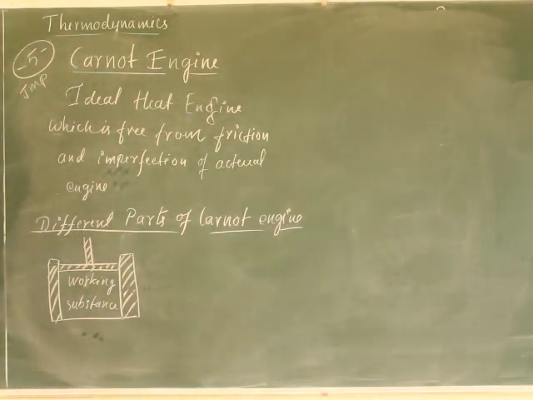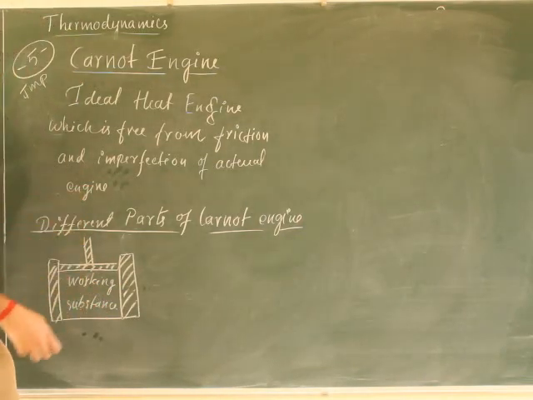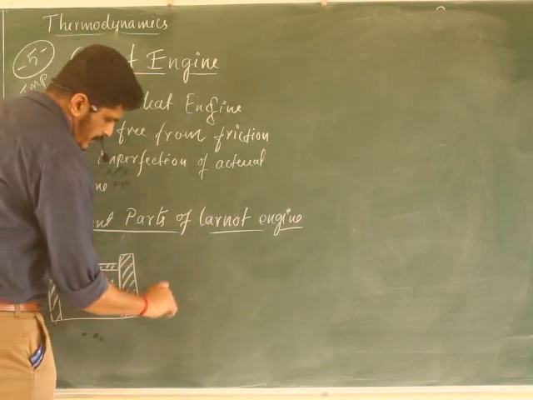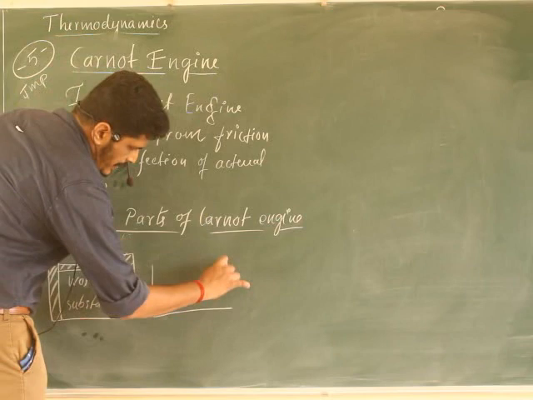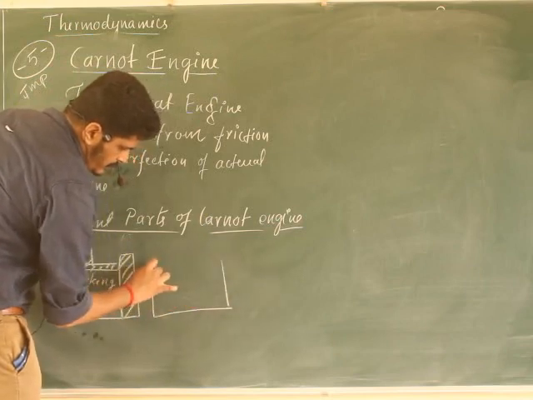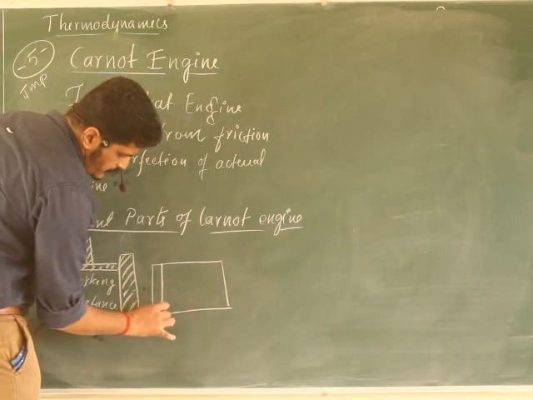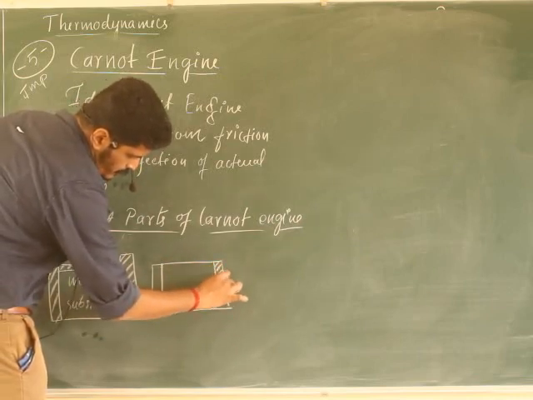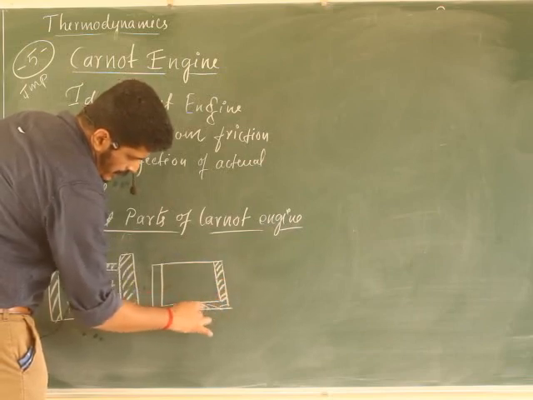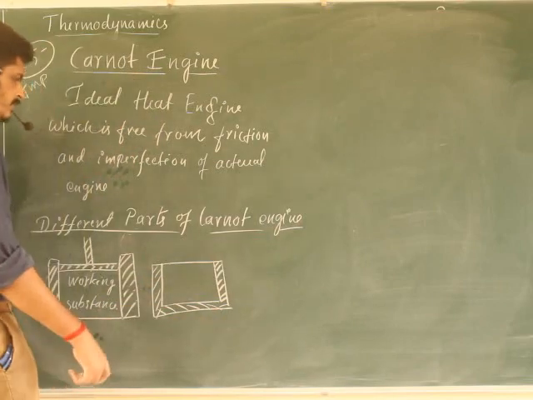Next, to make it work, we require heat energy. So as a heat energy source, there is something like this. Everything is explained in a block diagram. This is called the source, which is perfectly conducting at the top and insulated at all other walls.